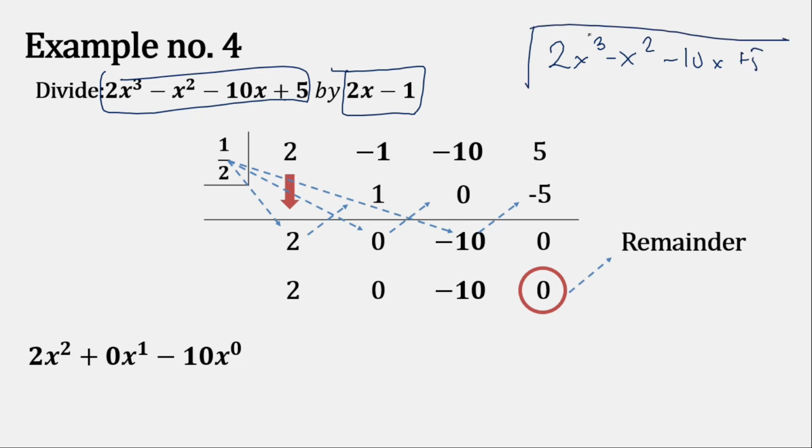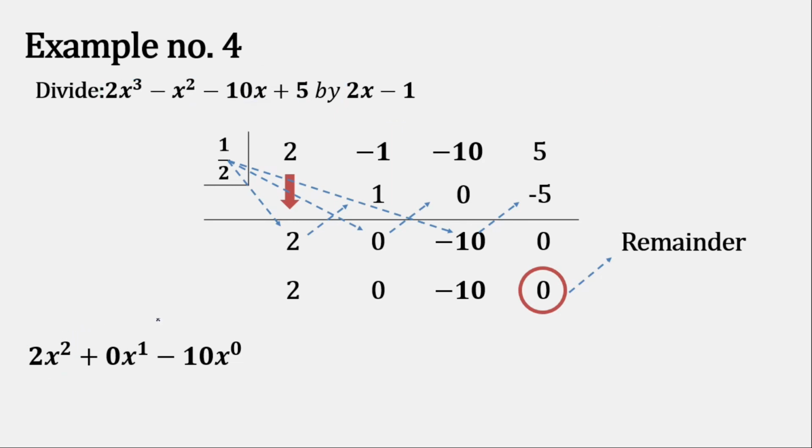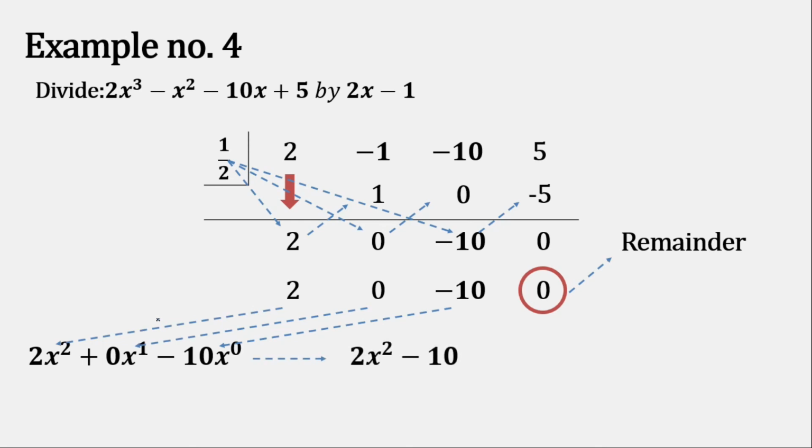And if we're going to divide it by 2x minus 1, 2x cubed divided by 2x, the answer is x squared. So the leading term or the first term of the answer should be x squared. But in this case, we have 2x squared.